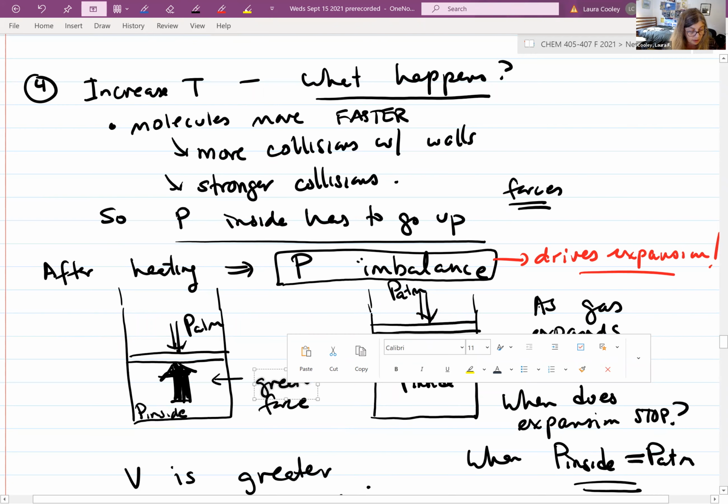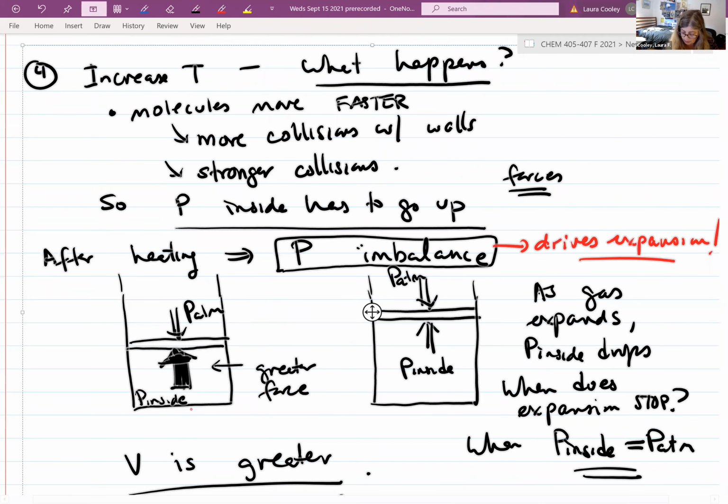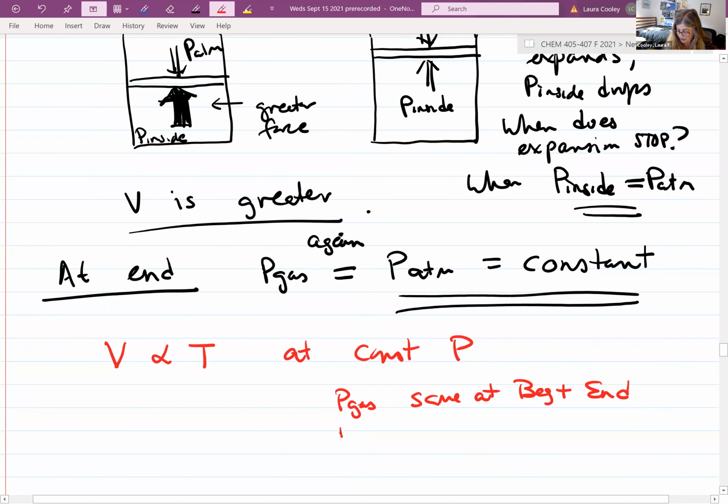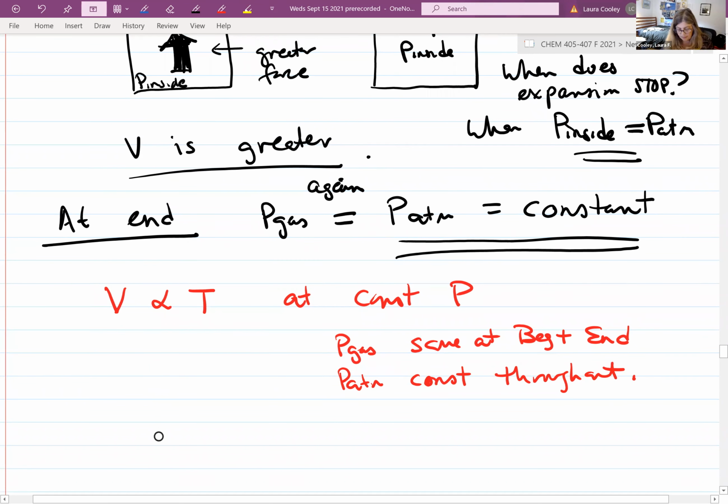Okay, so we say volume is proportional to temperature at constant pressure. And realize that the pressure of the gas is the same at the beginning and the end, right? The external pressure, the atmospheric pressure, is constant throughout. So I hope you have a little better understanding of that than before.